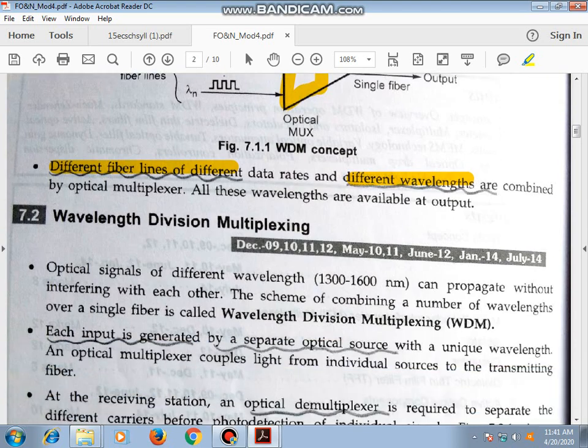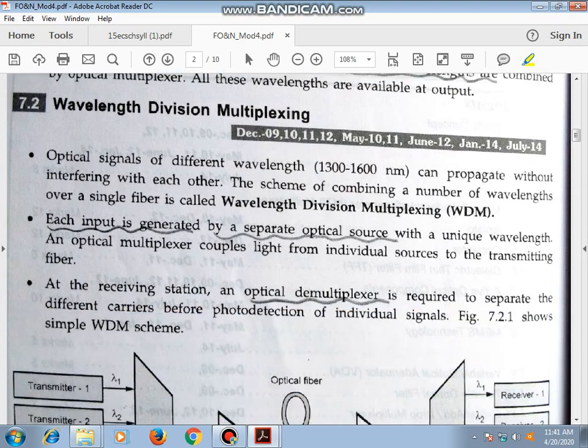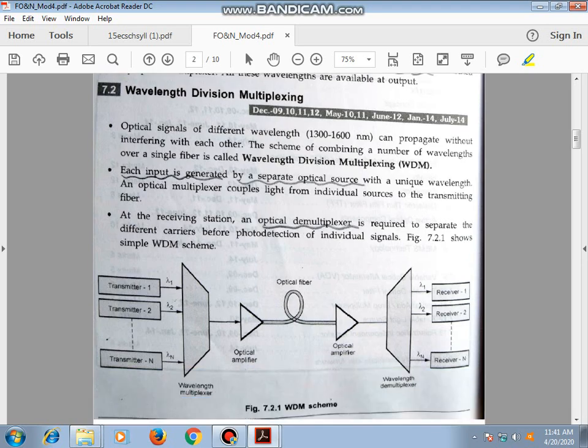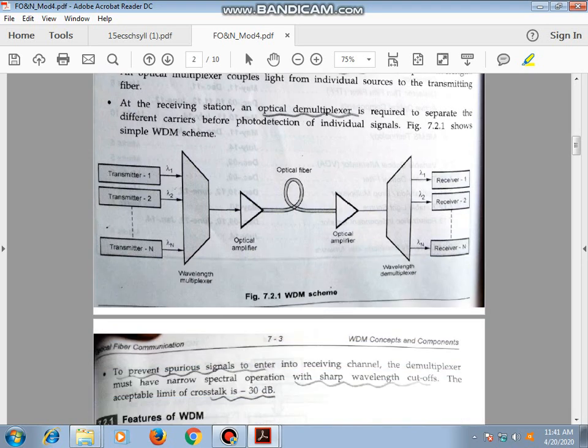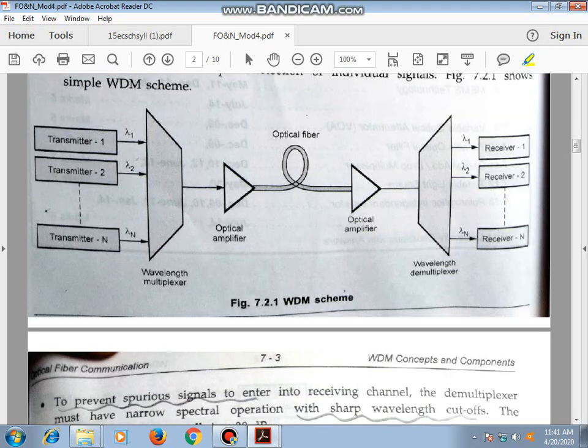Next we will go in depth about the wavelength division multiplexing concept. Before going to that, first we will analyze the diagram. This is the transmitter section, this is the receiver section.